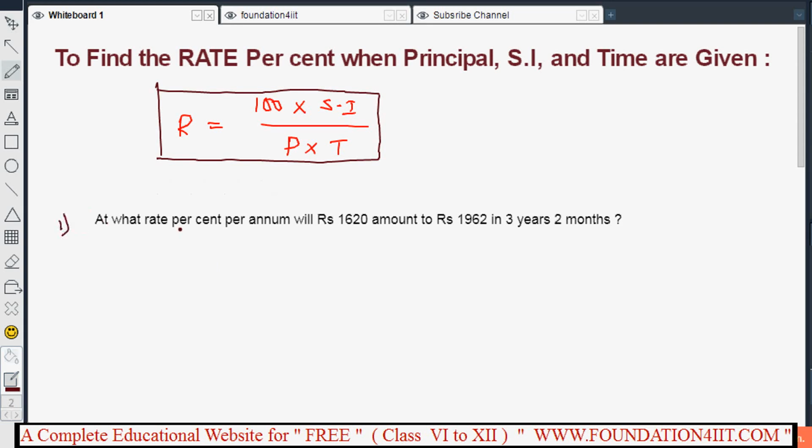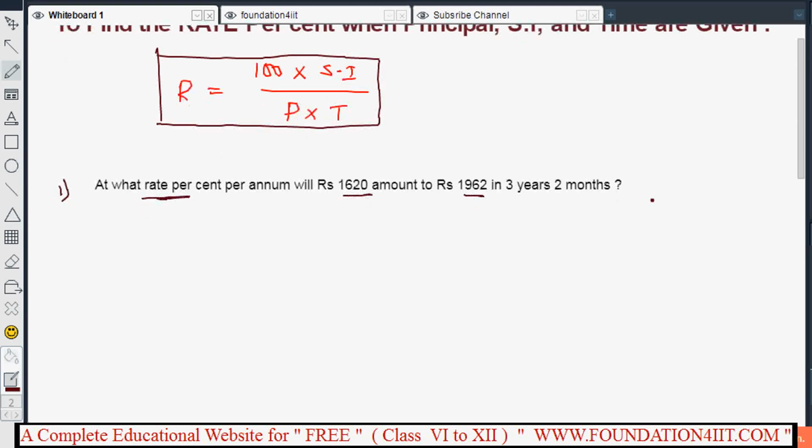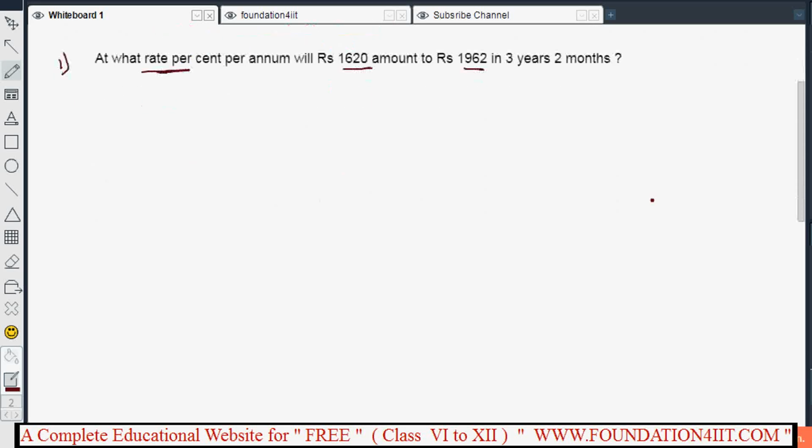Okay. At what rate percent will the principal become the amount? So principal is 1620 and amount is 1962. The time is also mentioned, that is 3 years 2 months. So we need to find out the rate percent.